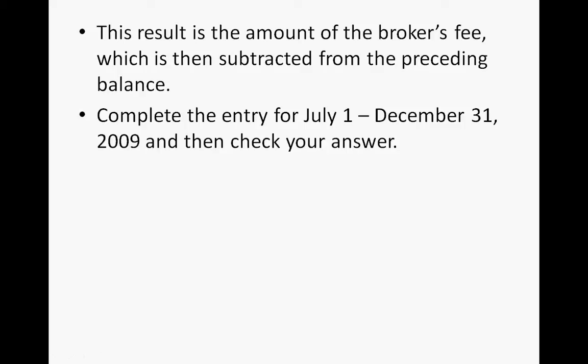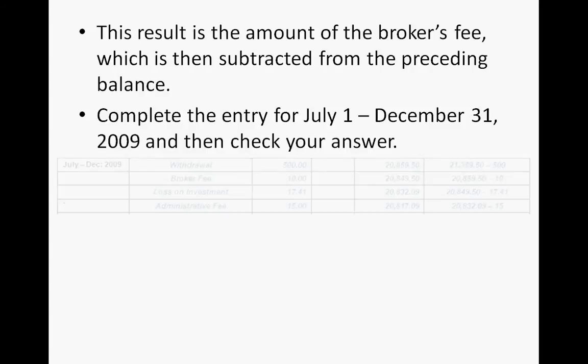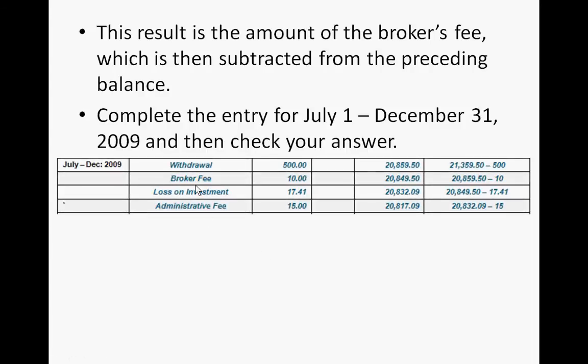So go ahead and complete the entry for July 1st through December 31st, 2009, and then check your answer. All right, so this is what it should look like. You have a withdrawal of $500, a broker fee of $10. You also had a loss on investment of $17.41.